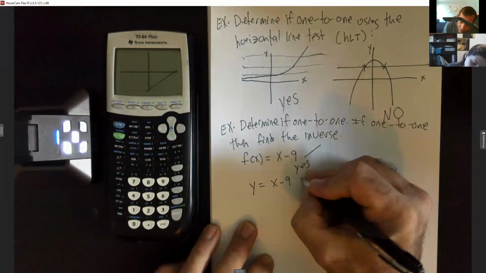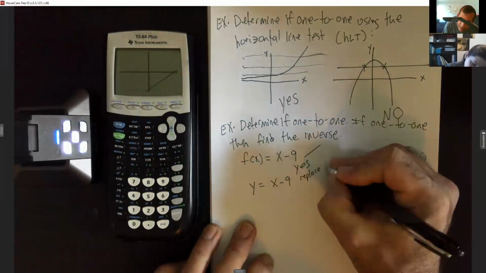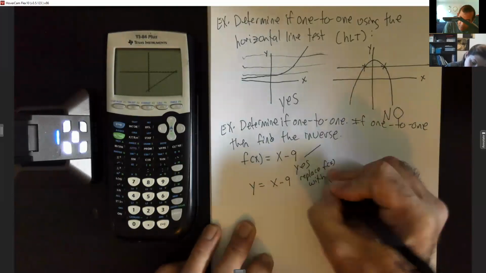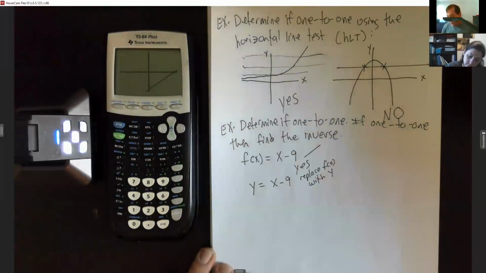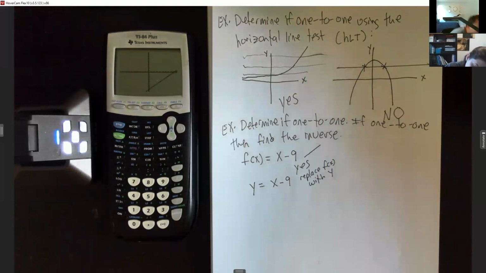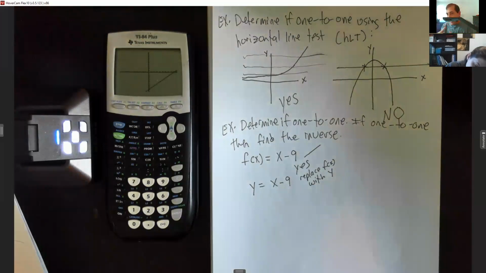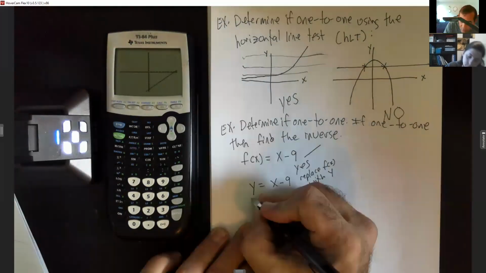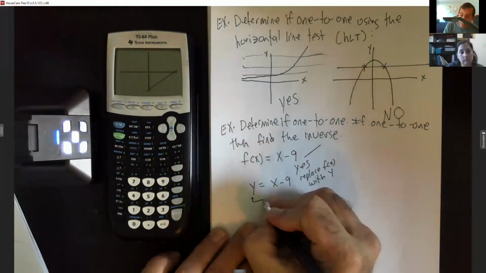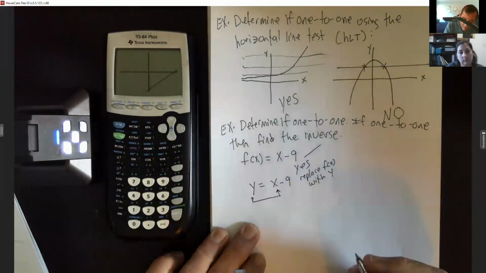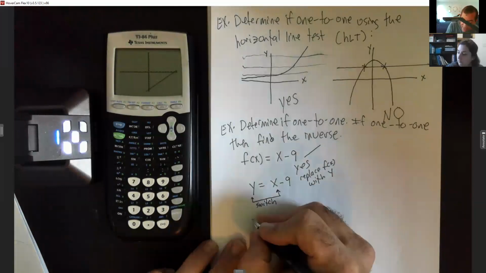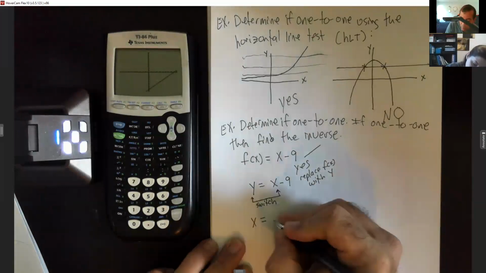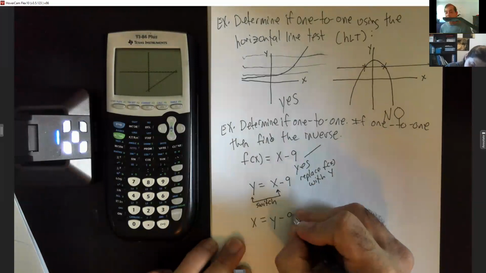Then I got to switch that x and y around. So if I switch that x and y, this becomes x equals y minus 9.